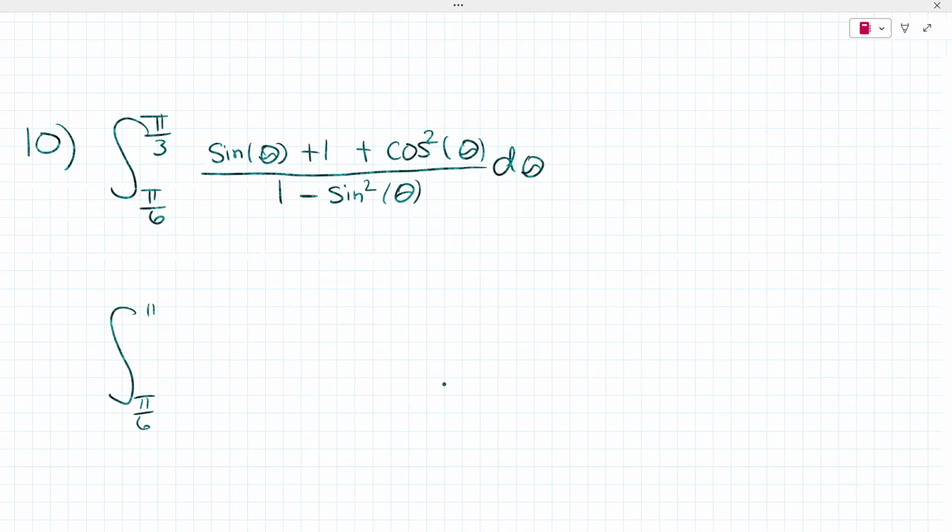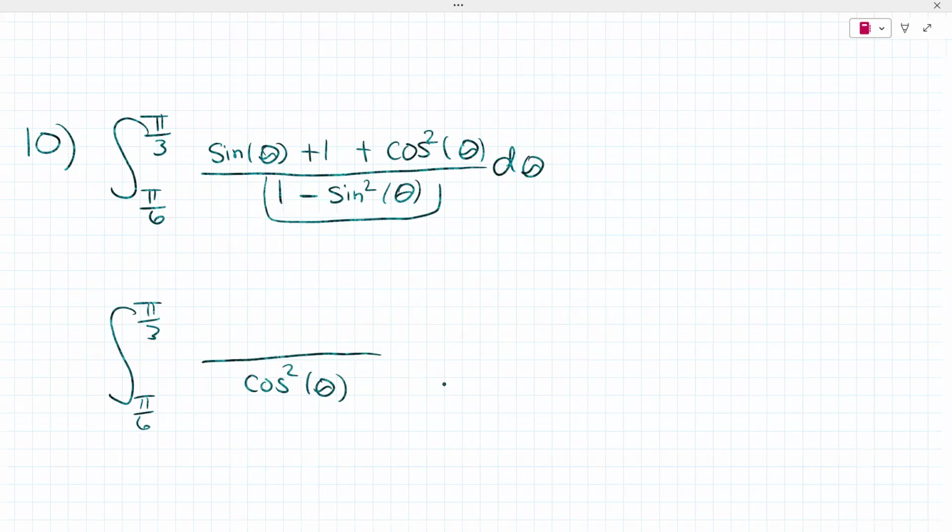So what do we know? Is there an identity we can use? Yes. You can use one of your Pythagorean identities. 1 minus sine squared theta is the same thing as cosine squared theta. And then what else?